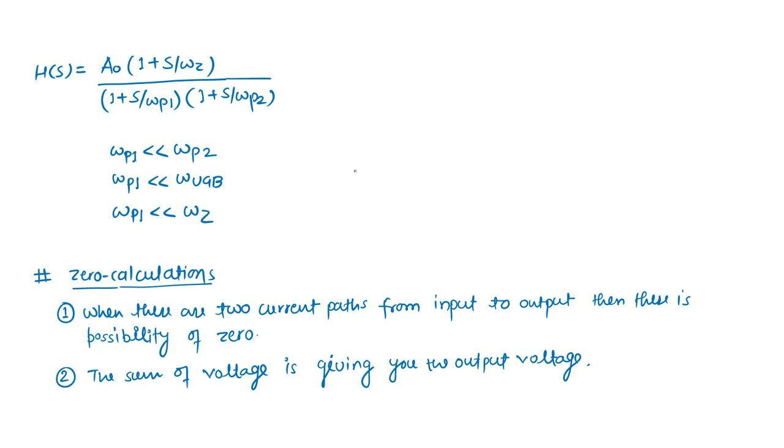What we are trying to make here is, in general, when we write the transfer function, we write V out of S divided by V in of S. For zero calculation, your transfer function should be zero, and for that we assume our V out of S should be zero.